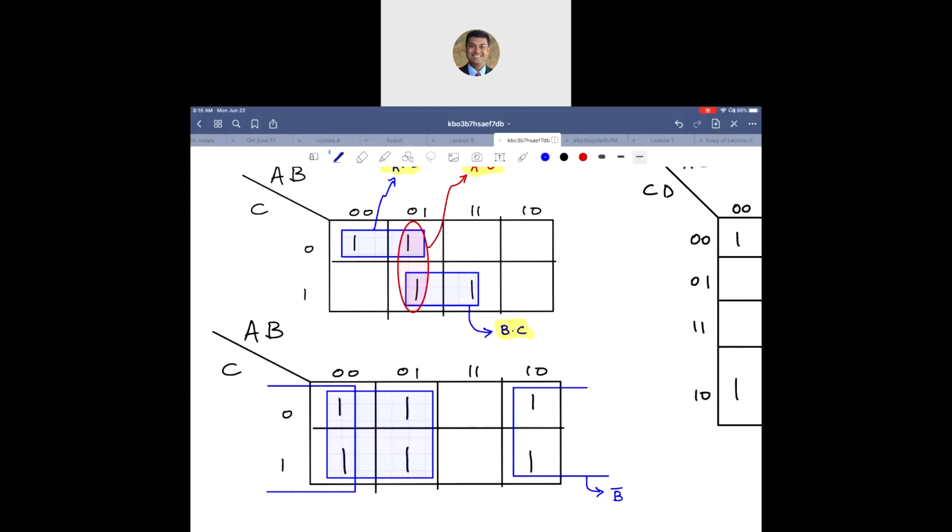And over here, that is going to be A complement. So in this case, I only have 2 prime implicants. There is nothing more I can do. Those are all the possibilities, because remember, I cannot break up a group into smaller groups. So I can't do that. So two prime implicants over there.